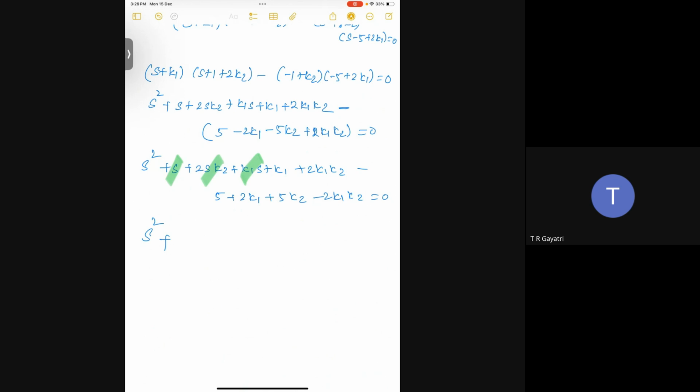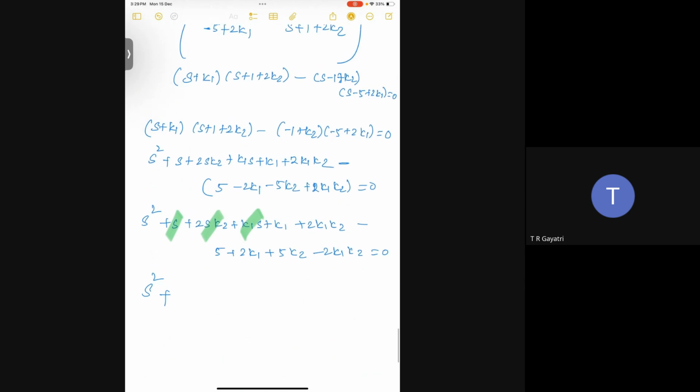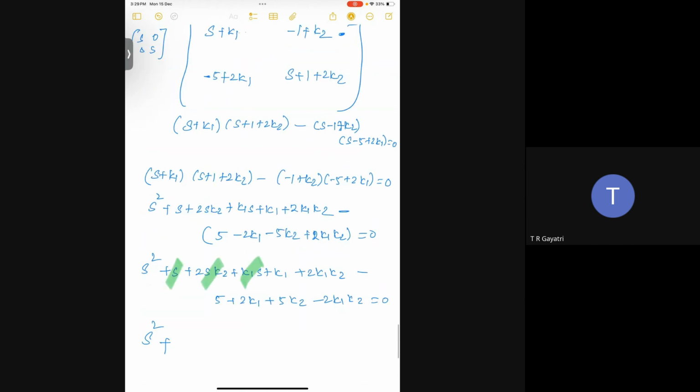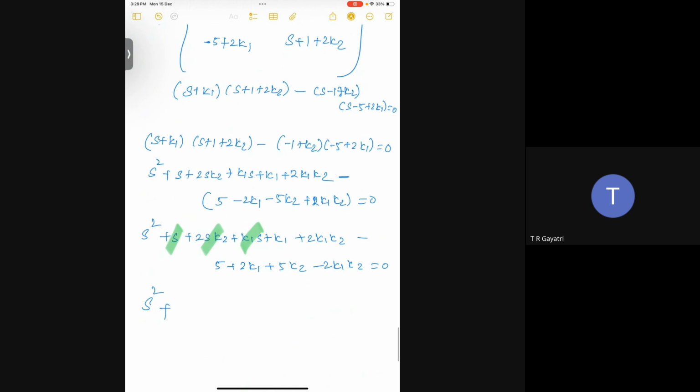There is no s term in 5k2; it's just a constant. So it is 1 plus 2k2 plus k1, into s.